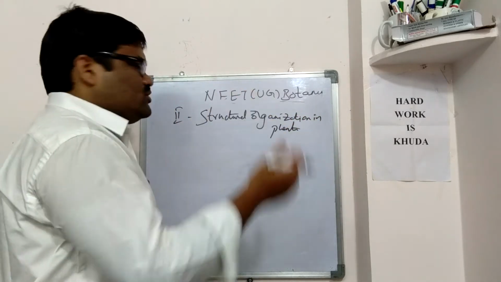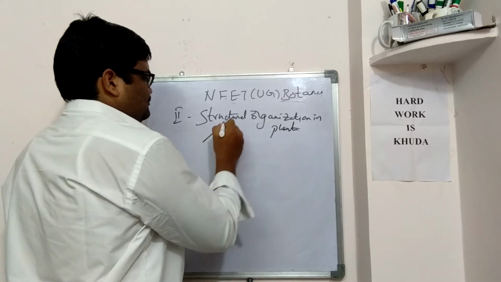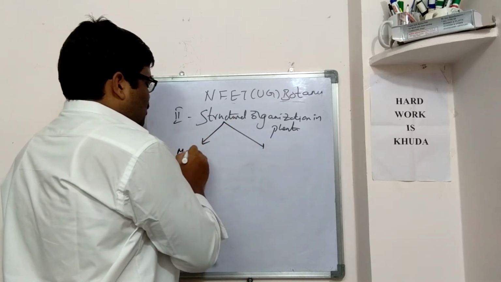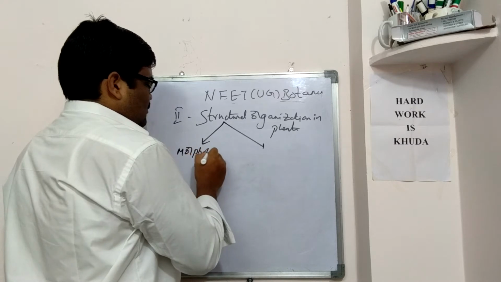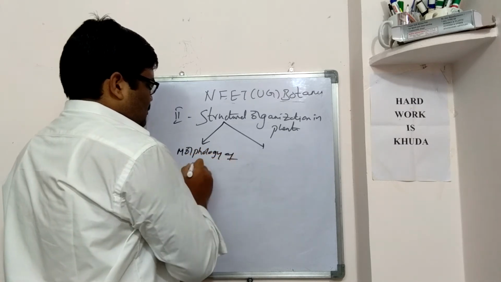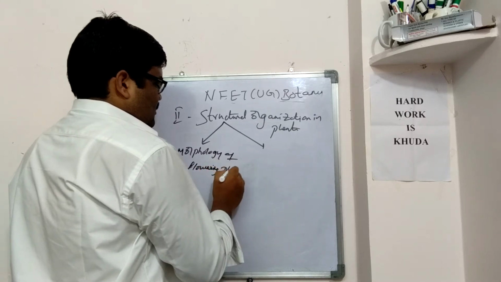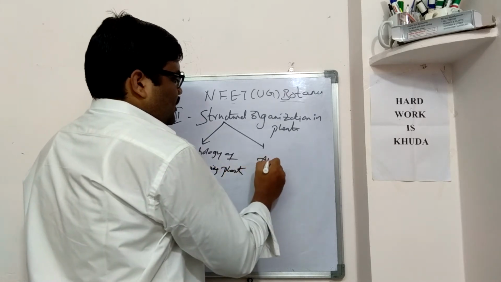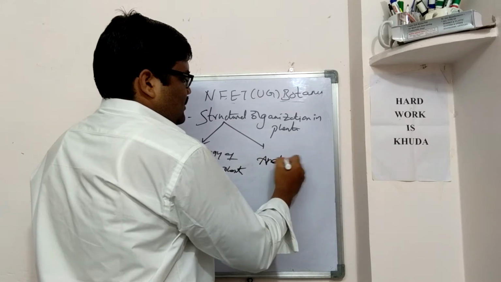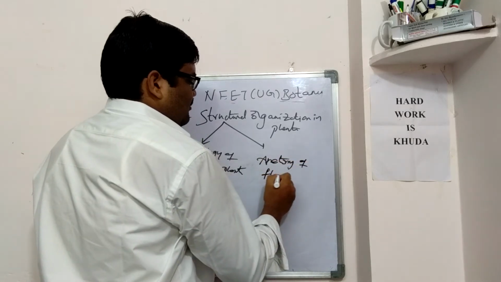Broadly, it includes two sub chapters: morphology of flowering plants and anatomy of flowering plants.